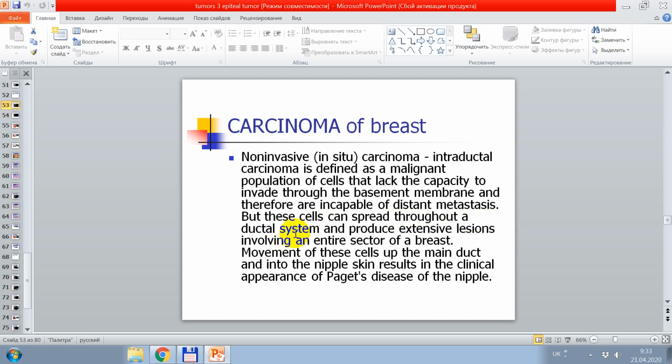But these cells can spread through the ductal system and produce extensive lesions involving an entire sector of the breast. Movement of these cells up the main duct and into the nipple skin results in the clinical appearance of Paget disease of the nipple.